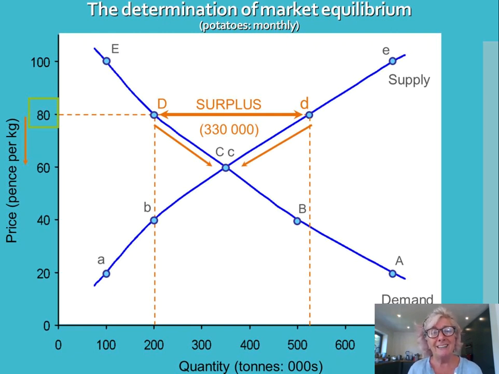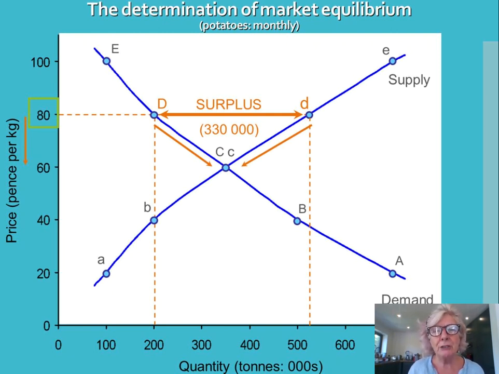On the other hand, the quantity that's being supplied to the market has risen. Farmers want to supply more because the price is high, they can make a profit. So there's a big difference now between supply and demand, and that difference is a surplus. In this case, we have a surplus of 330,000 potatoes.